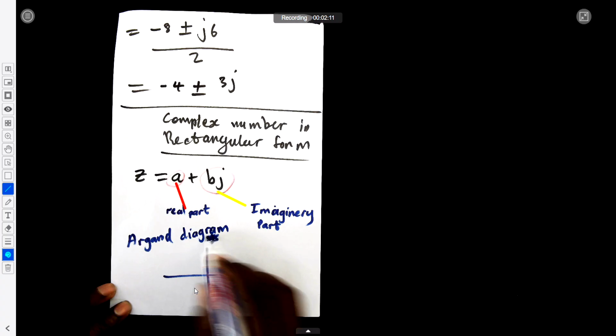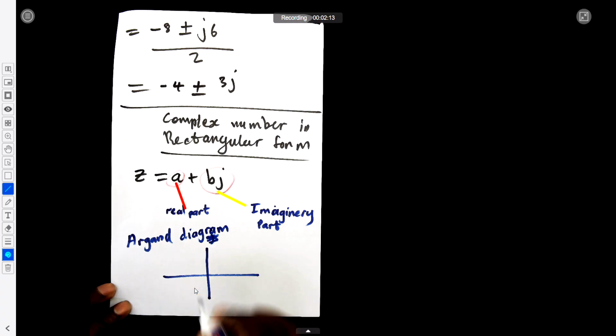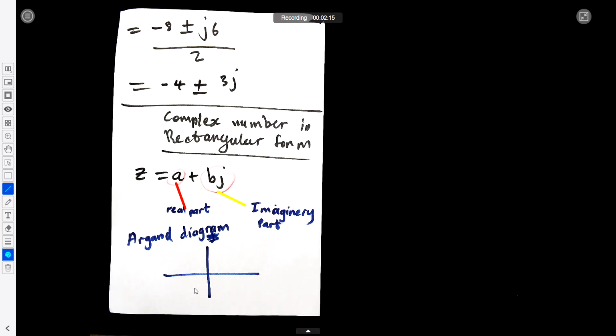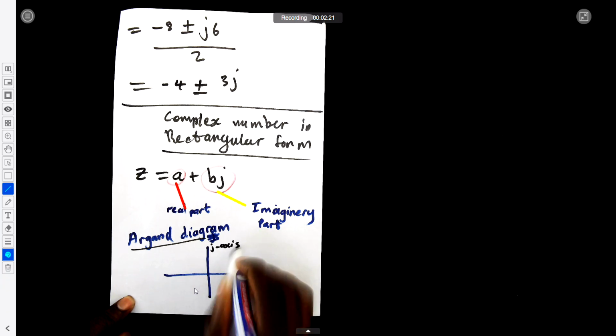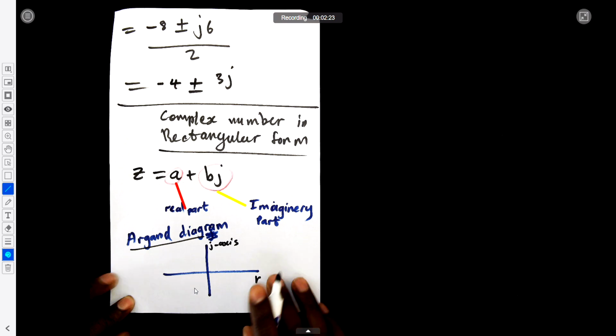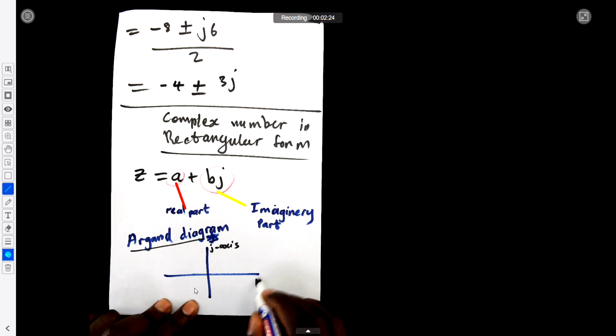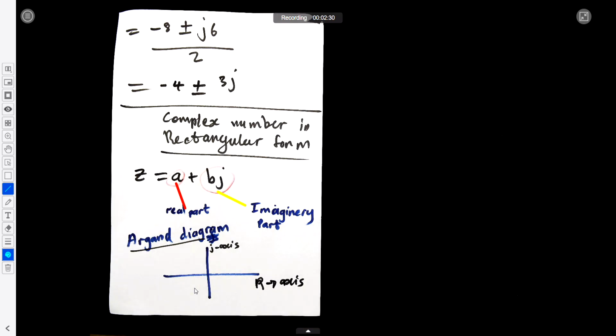So we will have an Argand diagram plotting the complex number there. This will be the j-axis, and this will be the real axis, where we plot the real part.